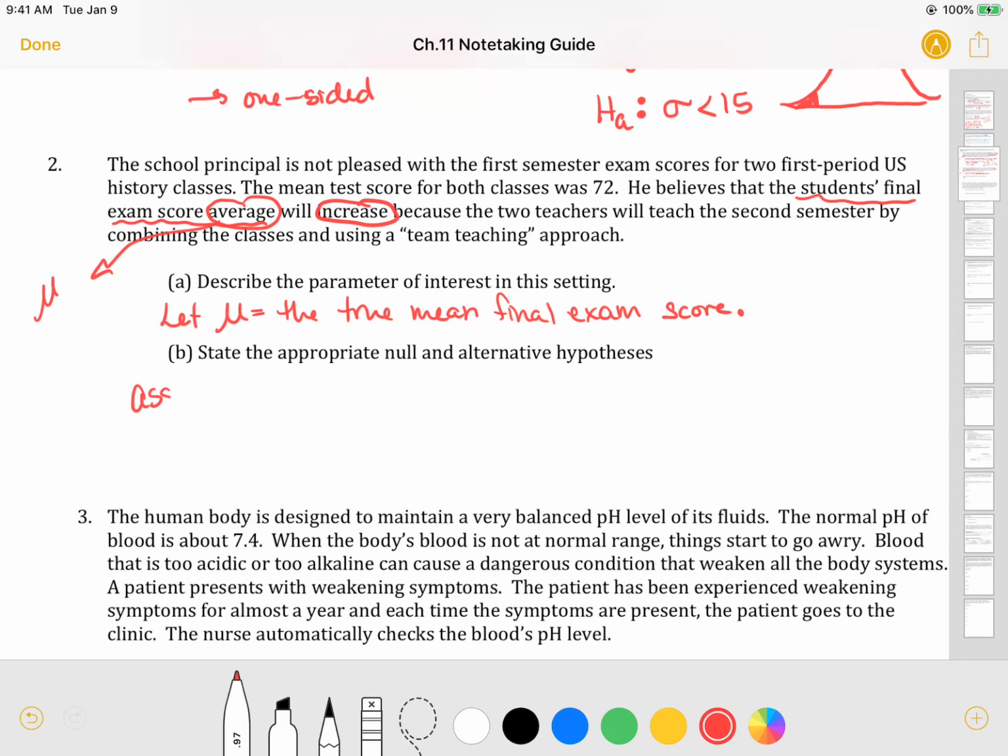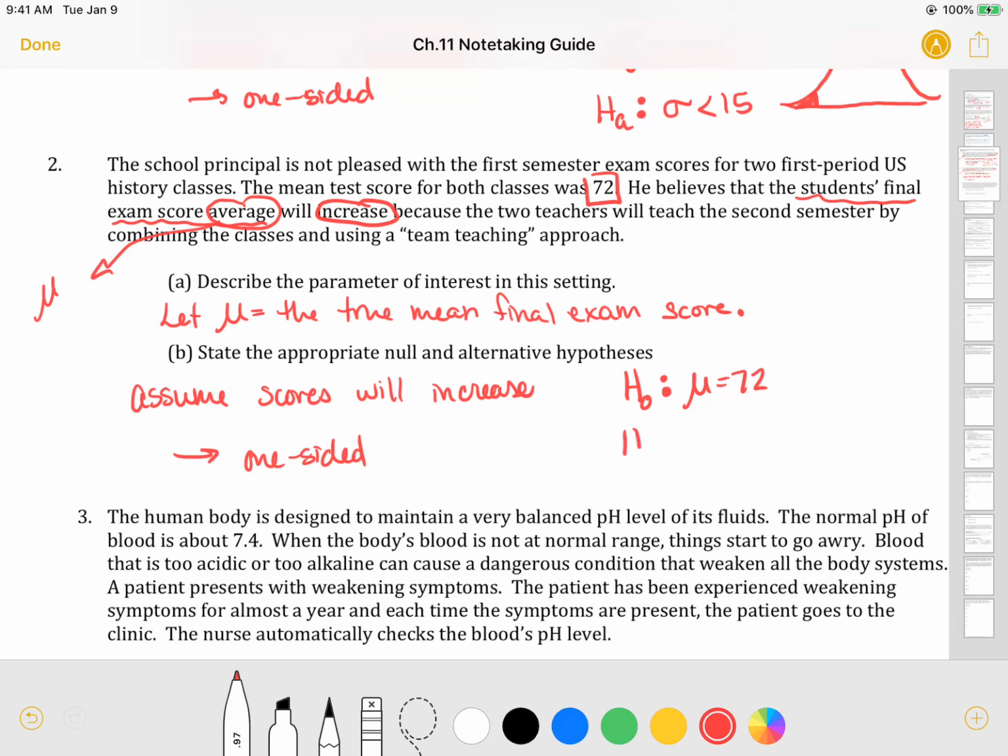So we're going to assume scores will increase. That means we want a one-sided alternative again. Our null is what we know to be true, okay? We know that the average is 72.